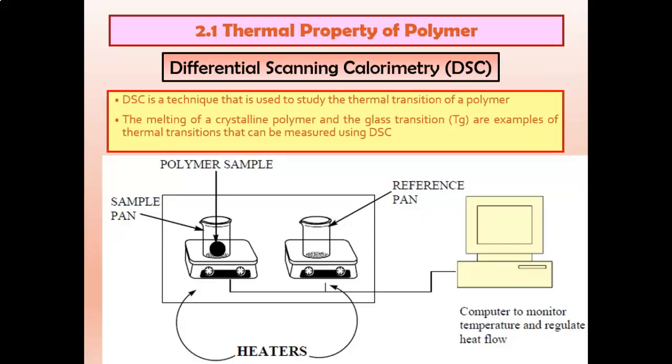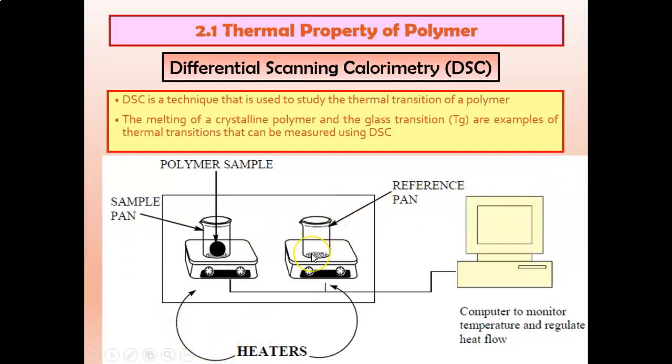So basically, we determine the enthalpy or degree of crystallinity by using differential scanning calorimetry. The melting of a crystalline polymer and the glass transition Tg are examples of the thermal transitions that can be measured by using DSC. Of course, it has a sample pan and a reference pan.